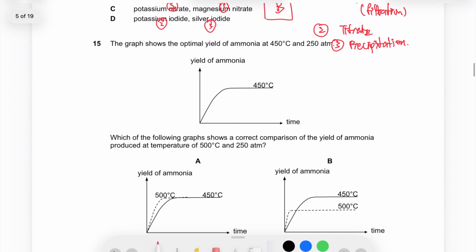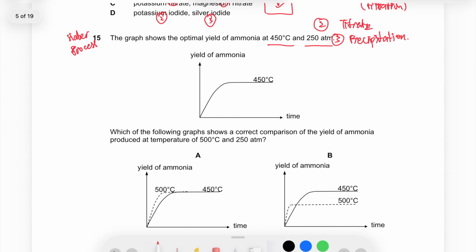Question 15. This is the Haber process, making ammonia. The optimum condition is 450 degrees Celsius and 250 atmosphere. Which of the following graphs shows a correct comparison to the yield of ammonia at 500 degrees Celsius and 250 atmosphere?